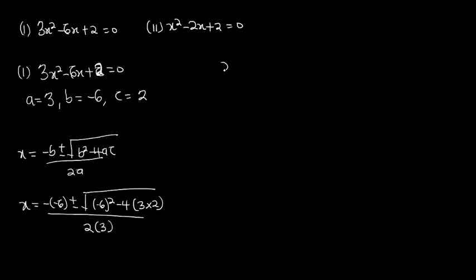This means x is equal to plus 6, negative will give me positive, plus or minus the root of, minus 6 squared will give me 36, minus 3 times 2 gives 6, multiplied by 4, that gives me 24, all over 2 multiplied by 3, which gives me 6.